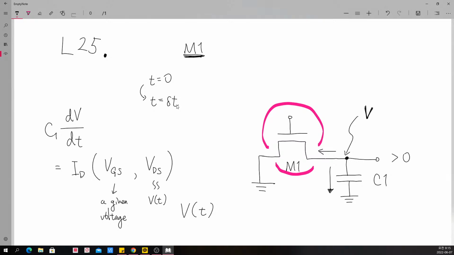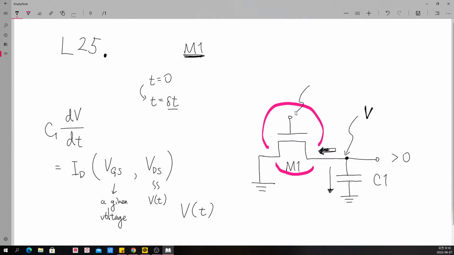Since the transistor is more or less at the initial bias condition, we can treat this ID as a constant, so we can imagine that the voltage will change quite a small amount. So after time delta t has passed, what will happen?